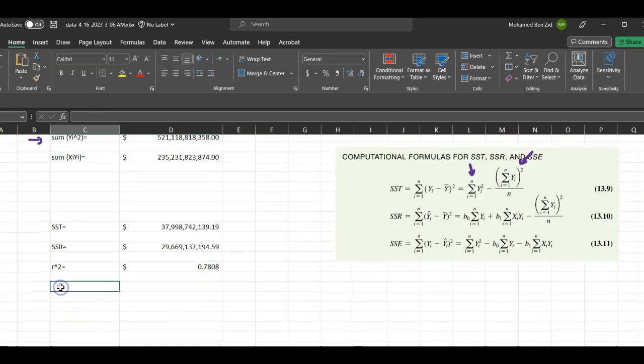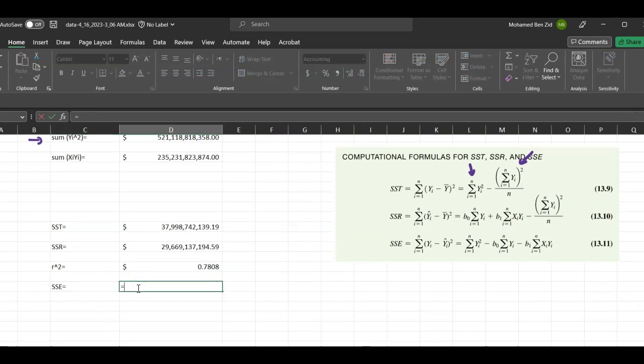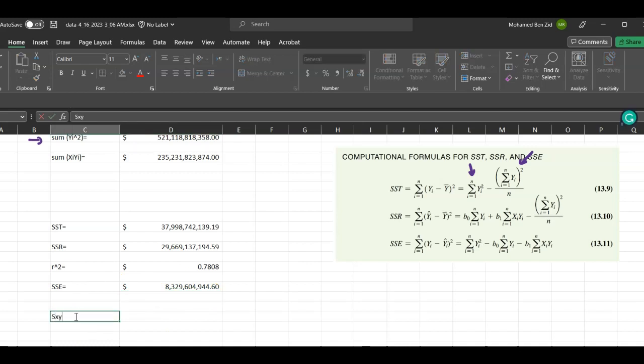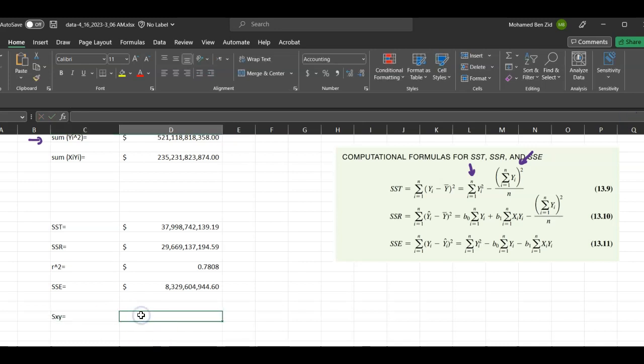So I want to determine the SSE here, and I start with the equal sign, and then I click on SS total and minus sign, and then click on the SSR. All right, it's really simple, and that gives the error. And if I want to calculate SYX, this is going to be the equal sign.